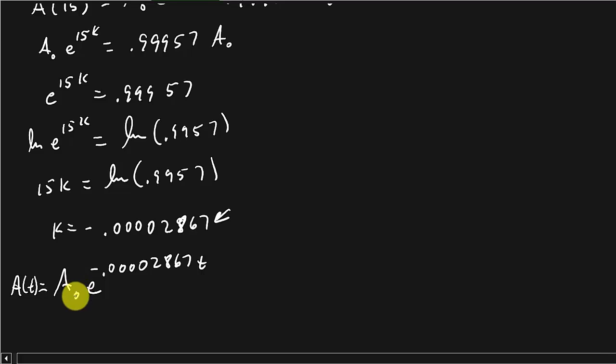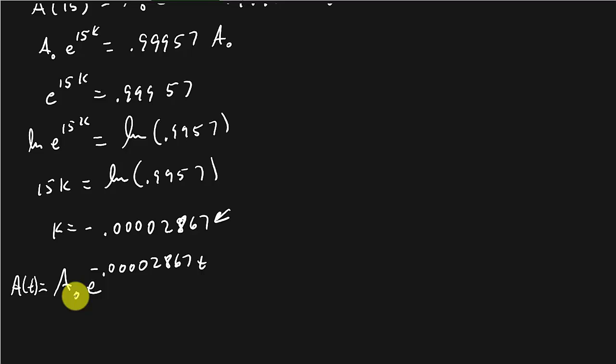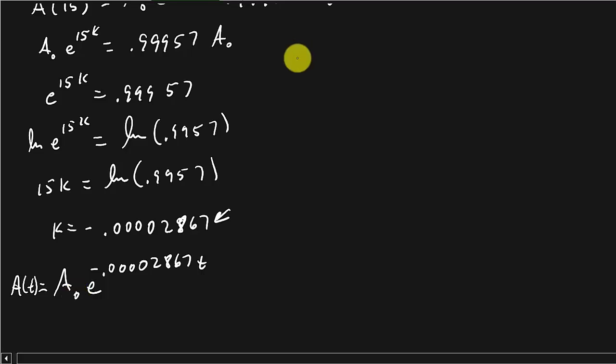Gotta put that initial amount in there. So we want to know, when does A naught e to the negative 0.00002867 t, when is half of it left? So that's when does it equal 1/2 A naught.